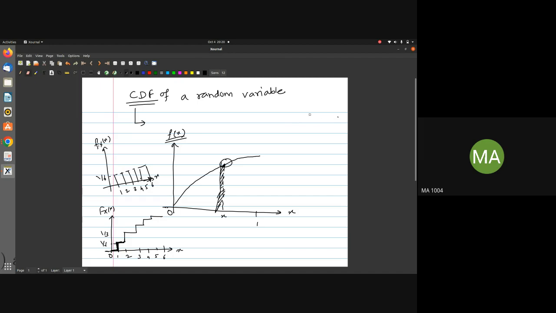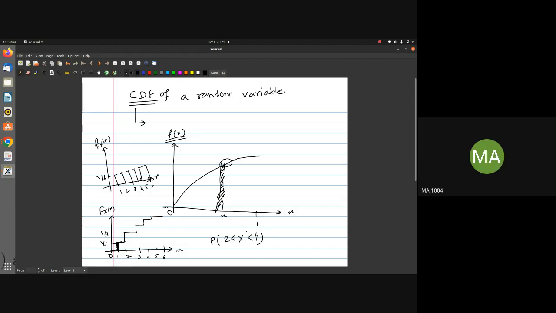So in this case, how will you find the probability that x will lie between 2 and 4?